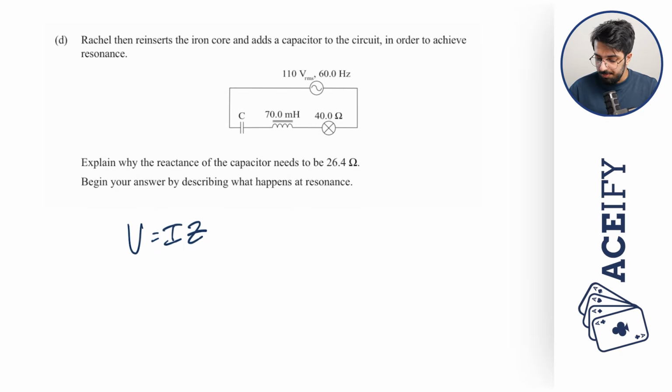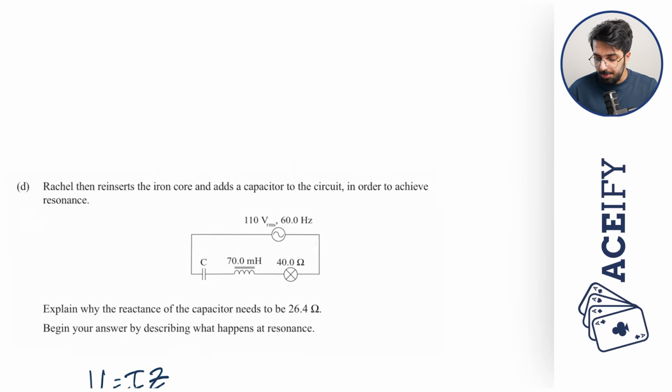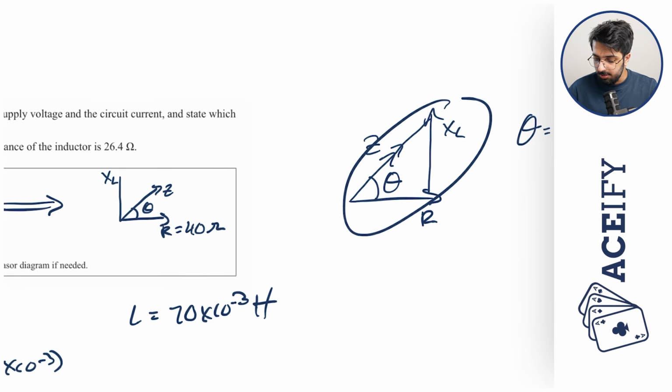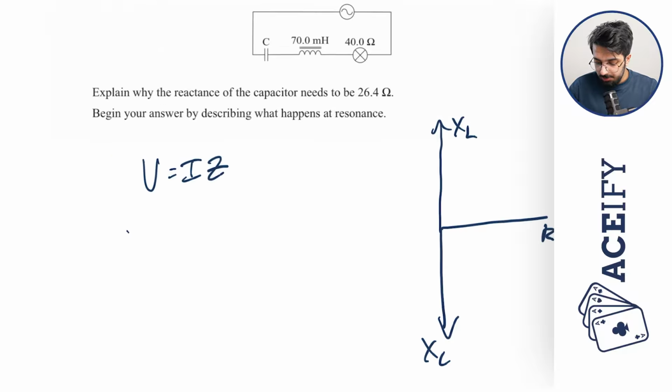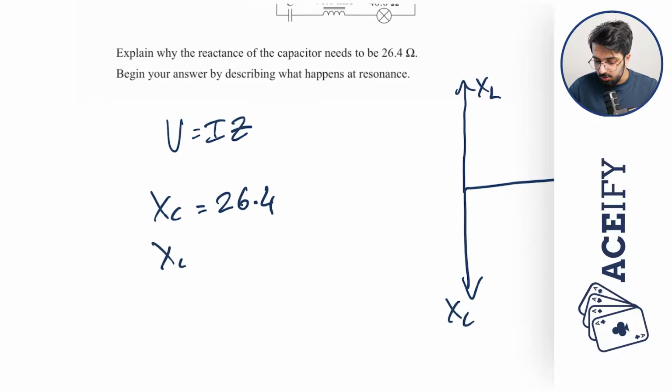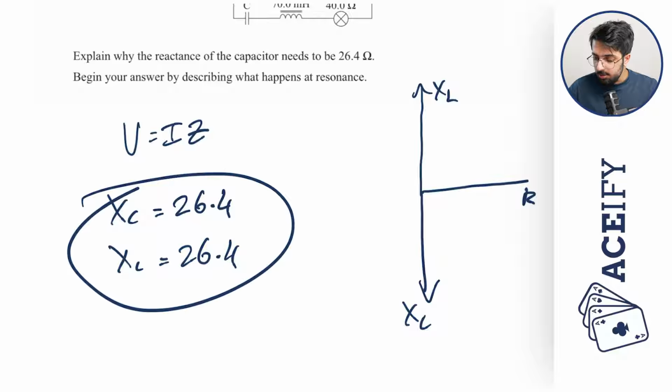And so therefore, remember our total impedance is the vector addition of our phasor diagram, okay? And if we were to draw our phasor diagram now with our reactance of our capacitor, like so, the reactance of the capacitor needs to equal 26.4 because the reactance of the inductor is also 26.4, okay? And so therefore, these two need to be equal to each other.